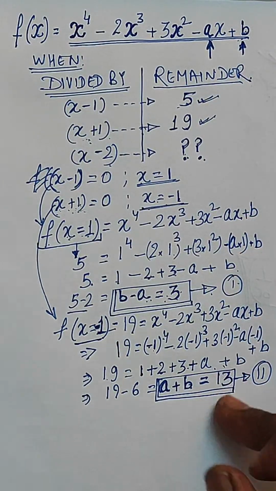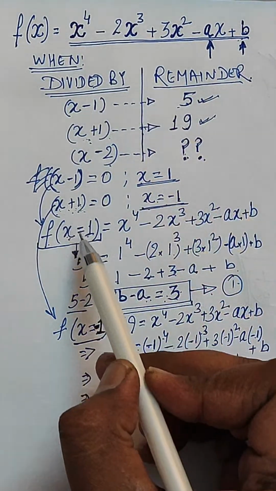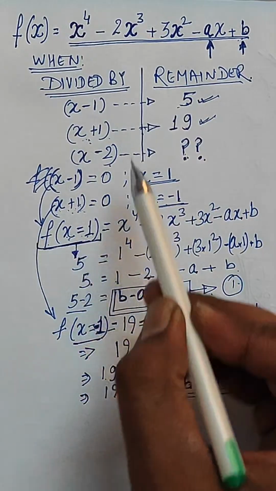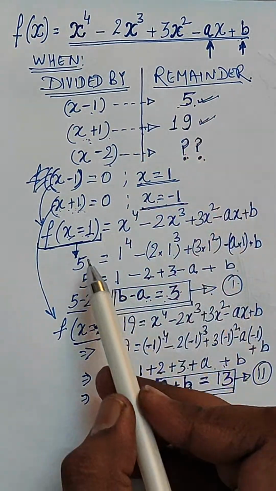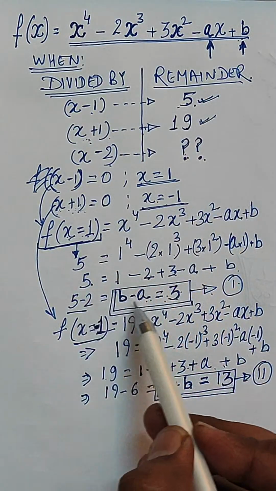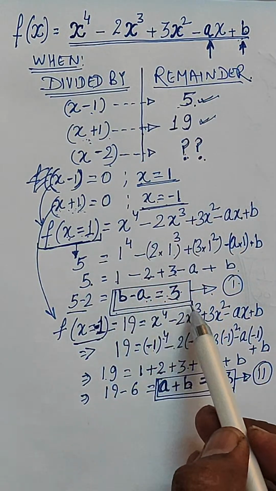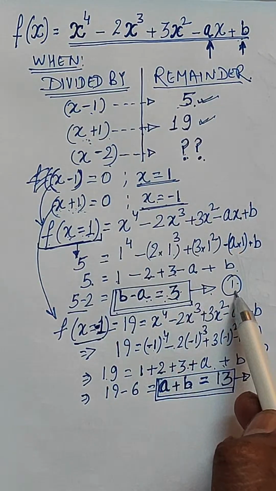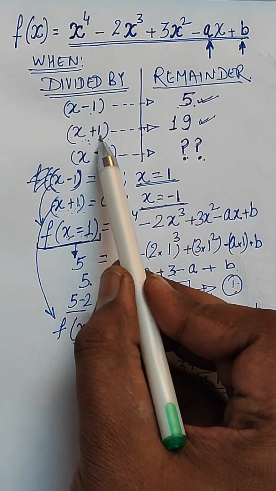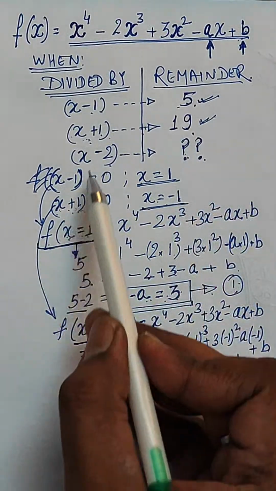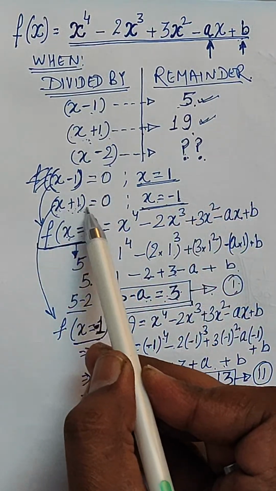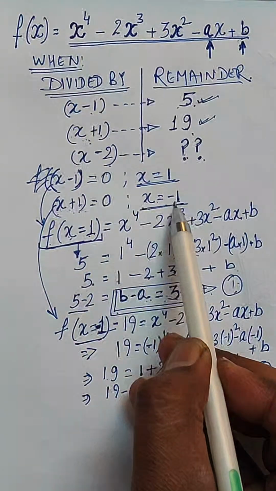Okay, first, when f of x equal to 1, that is when divided by x minus 1, it leaves the remainder 5. So we use that relation to solve, and finally we get an equation b minus a equal to 3. And when divided by x plus 1, it gives the remainder 19. This was the second condition given to you. So we use that relation x plus 1 equal to 0, that means x equal to minus 1.